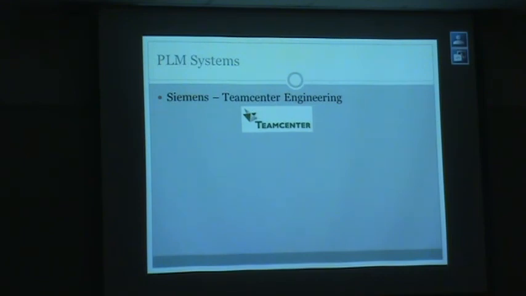When the other tools have benchmarked against the Teamcenter Engineering environment, they really had a difficult time meeting toe-to-toe with them. So we are going to be using Teamcenter Engineering. We will have a Teamcenter Engineering client here at BYU that will link us to the mothership.